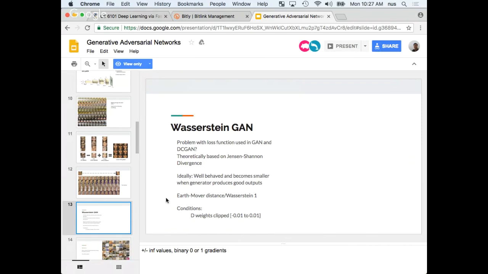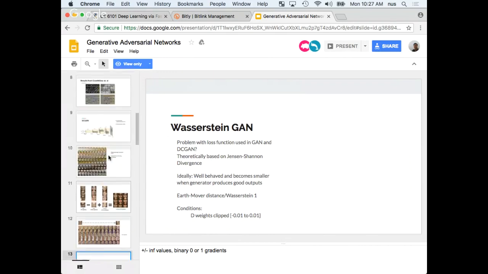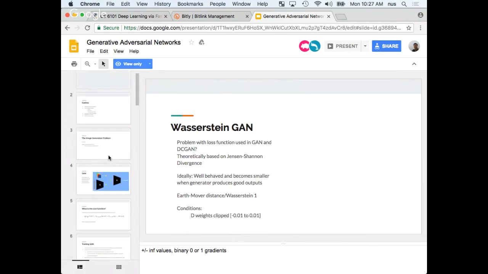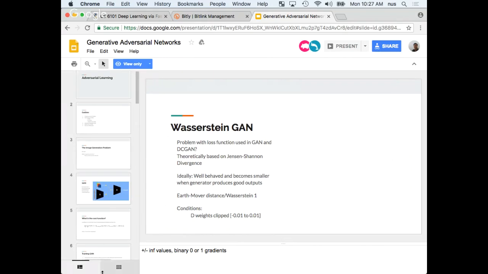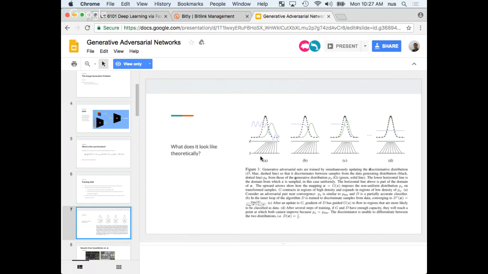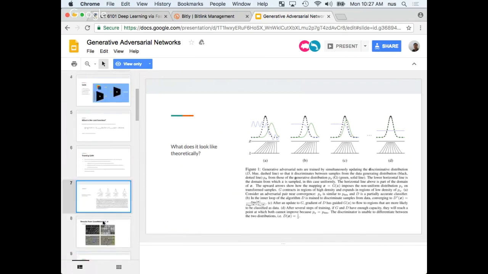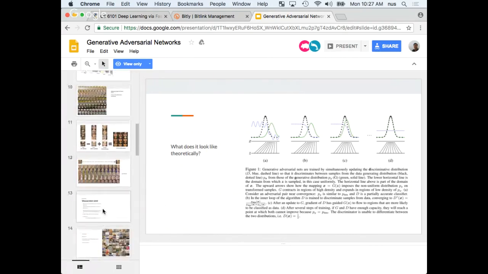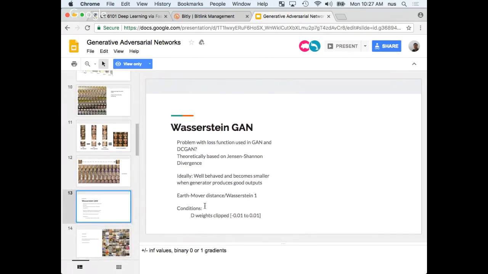You can intuitively understand this Earth mover distance metric as basically looking at two curves. You're trying to identify how much mass you have to move from one curve to get the other curve. So that's basically the intuition behind that, and that's the metric that they use.